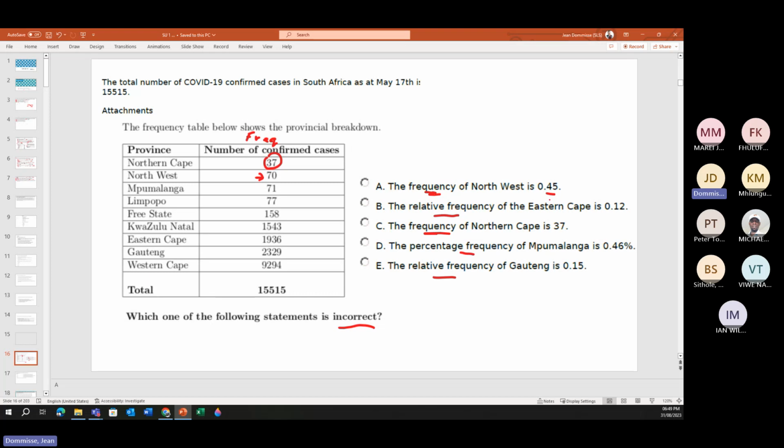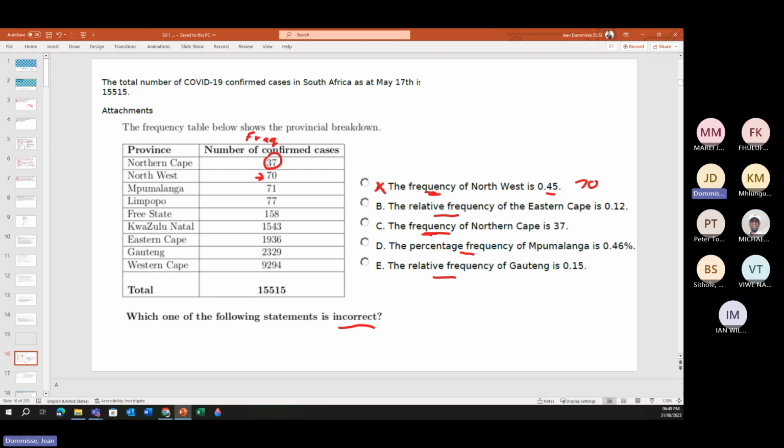So if we look at Northwest, the frequency should have been 70. What they have given us here is 70 divided by 15515, which is a relative frequency. So the first one is actually the incorrect one.